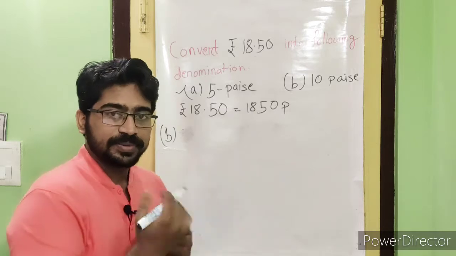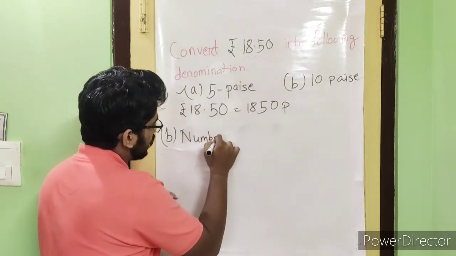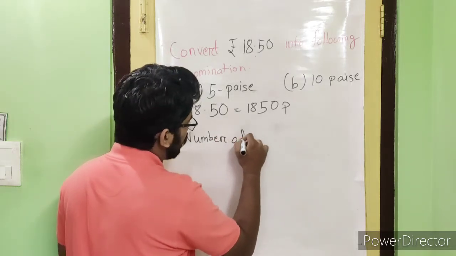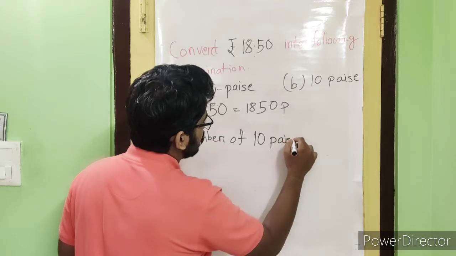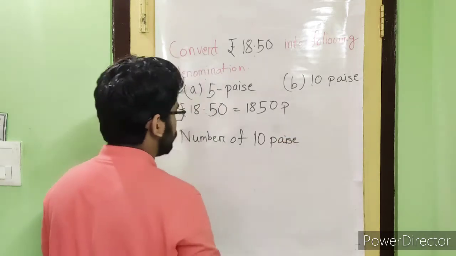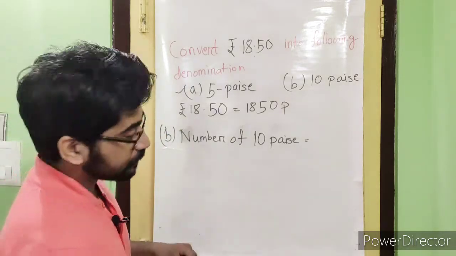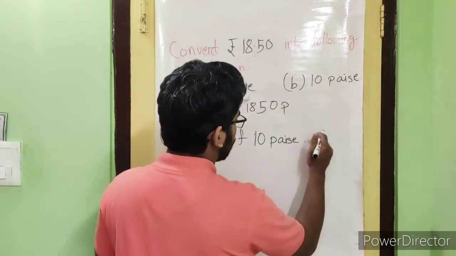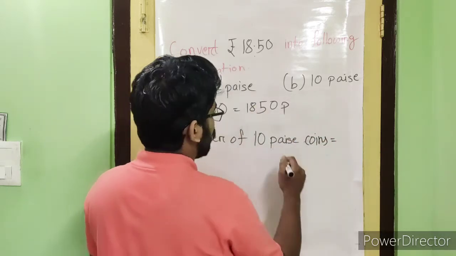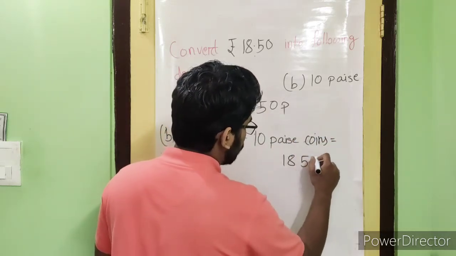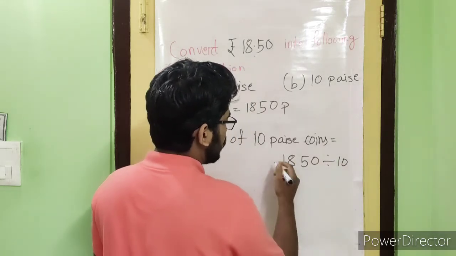The statement will be the same. Number of 10 paise coins equals 1850 divided by 10.